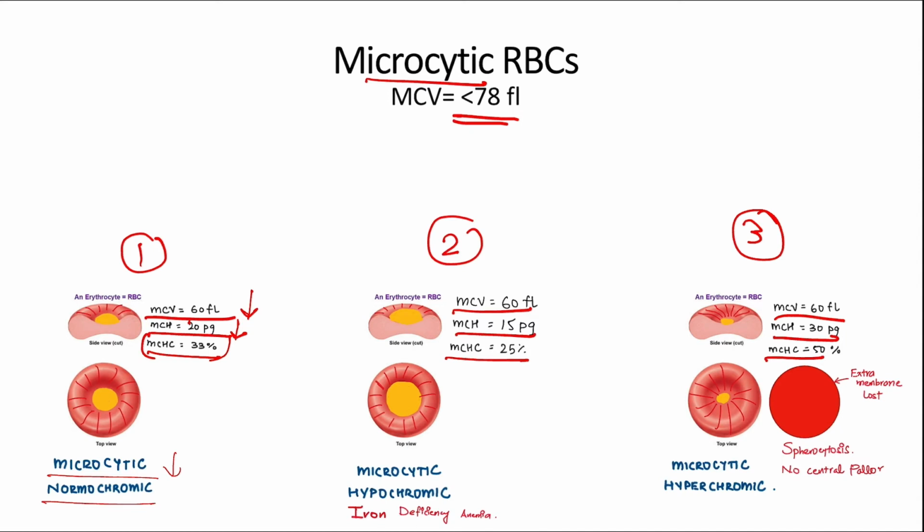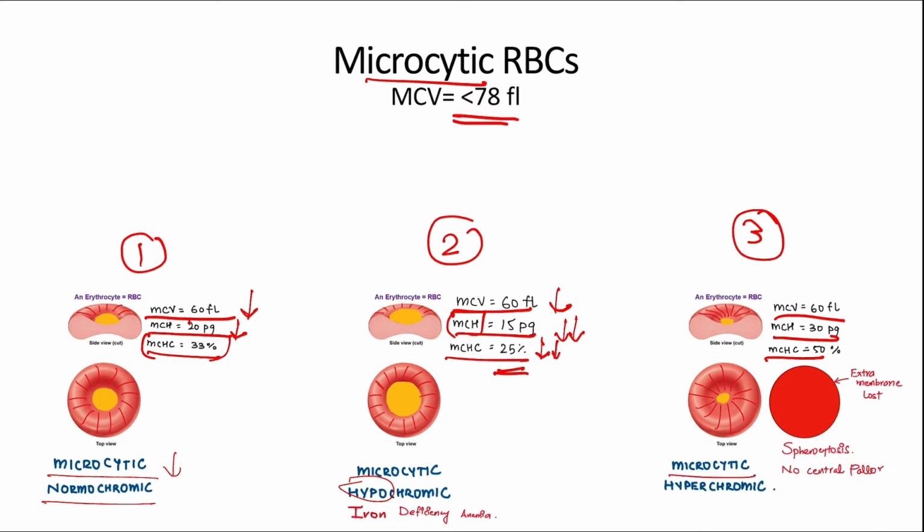While in cell 2 the size is small but the hemoglobin content is much smaller, so the MCHC decreased to 25%. So it is called microcytic hypochromic because MCHC is very low compared to cell 1. And in cell 3, there is an increase in MCHC to 50%.